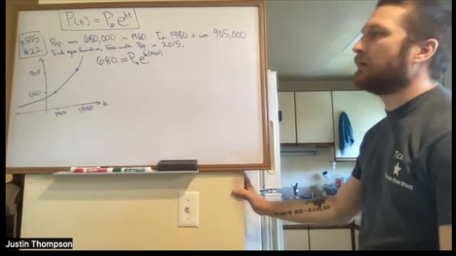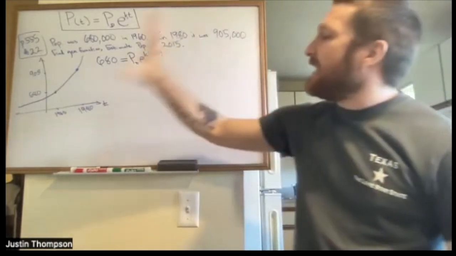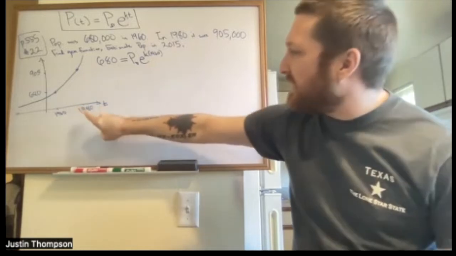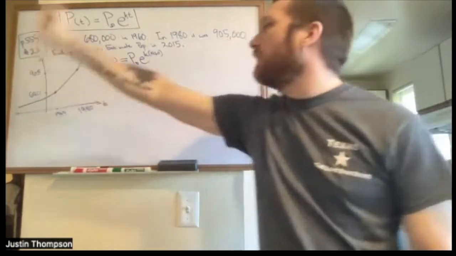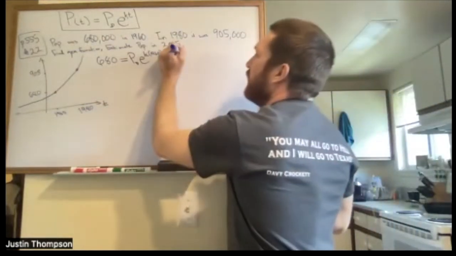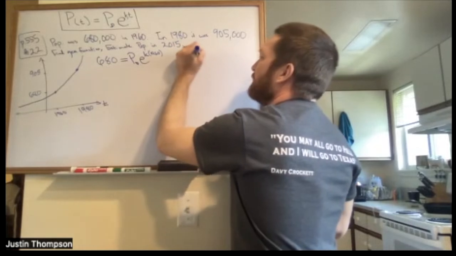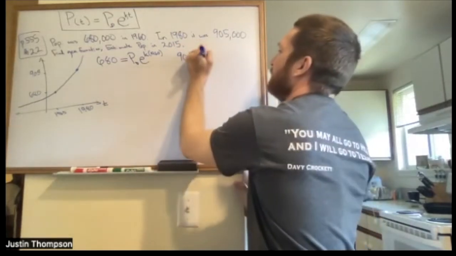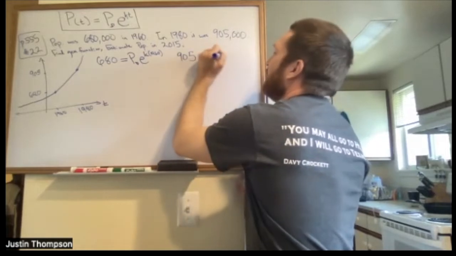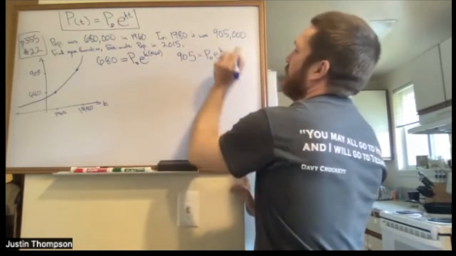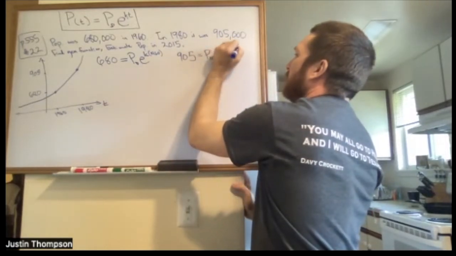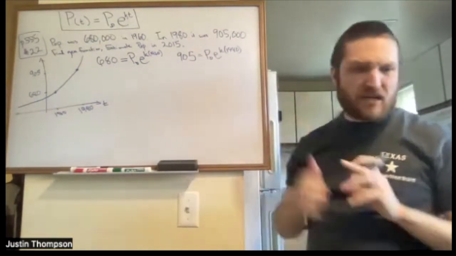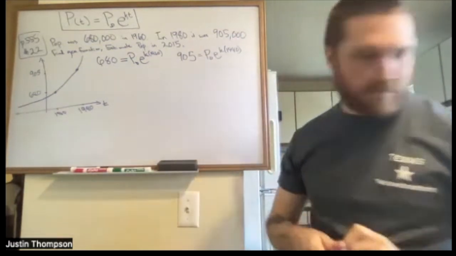And not use my brain yet. The second equation that I'm going to get is going to be when I plug in a 1980, I should get out a 905. So 905 is my output when I plug in a 1980. So I have P0 e to the k times 1980. Oh, I wrote that wrong. Neat. Let me know when you got this stuff.